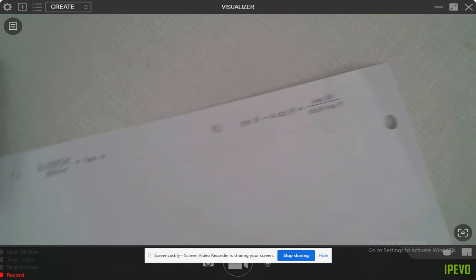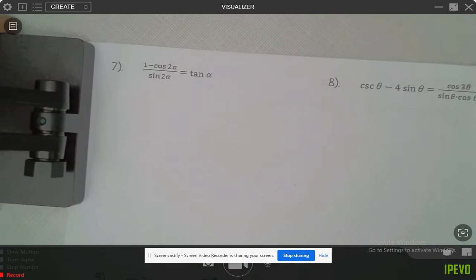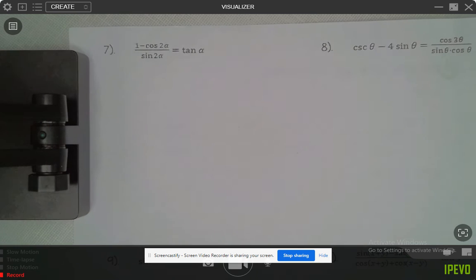Okay? All right, here we go. Let's go to the back and let's start on 7. I'll try not to write too big. 7. What side would you like to work down? Clearly the left side. Yes? Because what are you going to do on the right side? All you're going to do is change to sine over cosine, and then you're going to be like, bleh. Okay? What am I going to do on the left side first? Yeah.